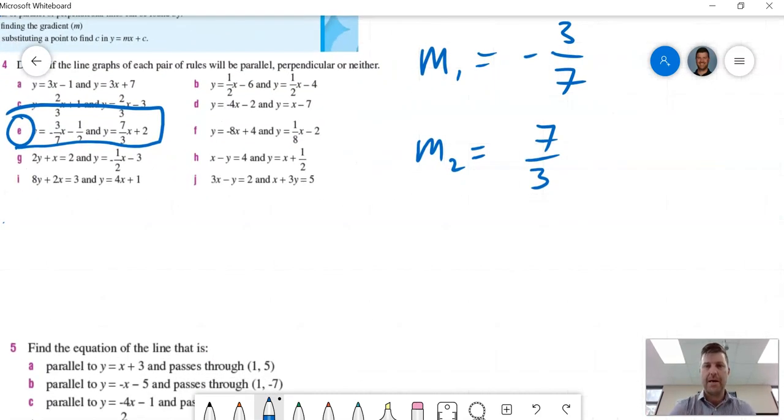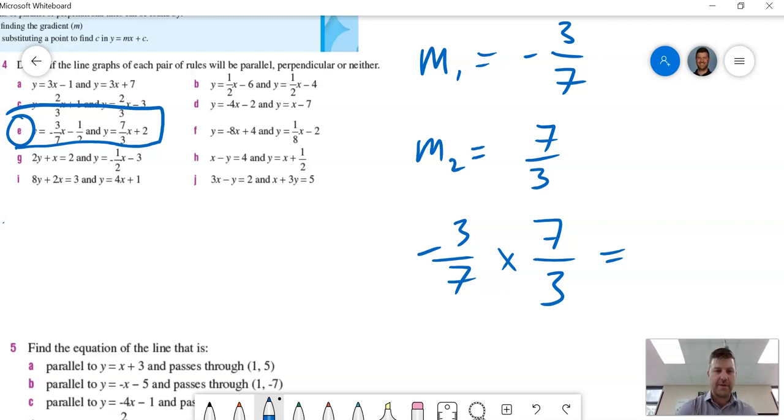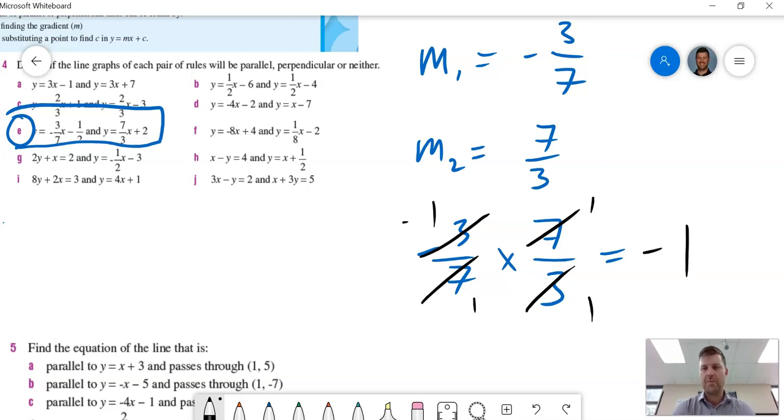So does minus 3 over 7 times 7 over 3 equal -1? If I do some cross multiplying and cancel some things out, yes, multiplied together they are equal to -1.